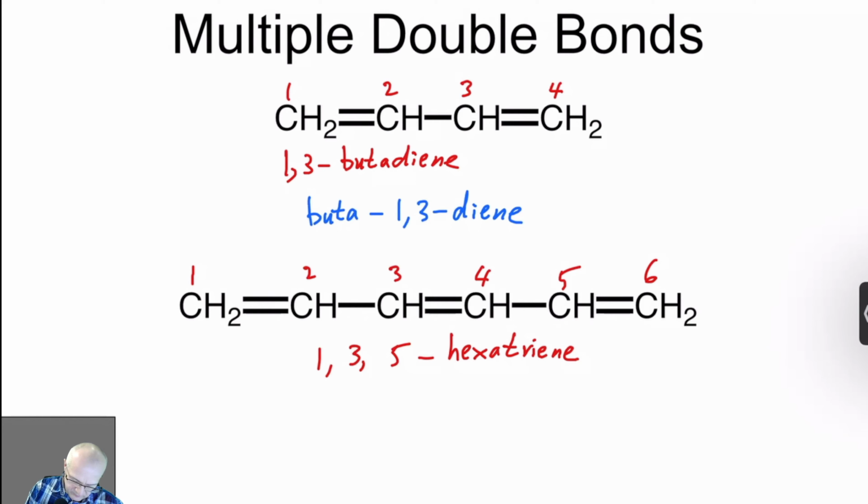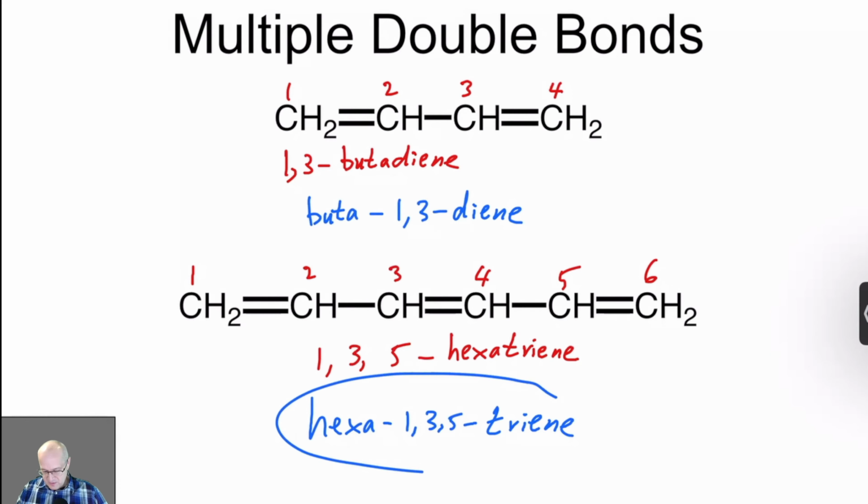Now the new way, of course, would be hexa dash 1, 3, 5 dash triene. That would be the new way. And that's the basics on how you name alkenes. Now, if there are ever any other substituents, they follow alkane rules. You number them and put them in alphabetical order, the numbers and all that stuff. Same as alkanes. The only thing that's different here is now we're having to tell the reader or the user where the double bonds are in the chain.